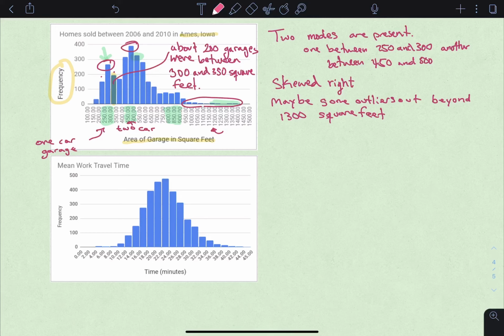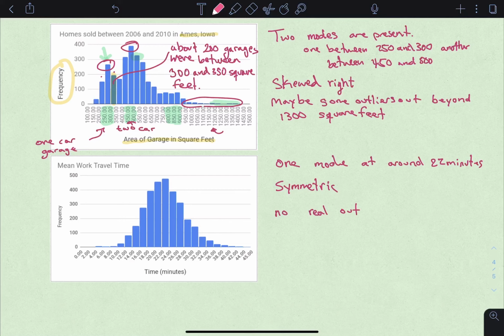All right, and let's see. This mean work travel time is our last histogram. You can see it's got one mode at around 22 minutes. It's symmetric, so not skewed, and there's not really any outliers. No real outliers.